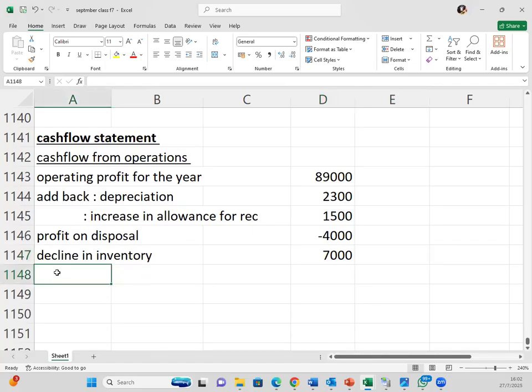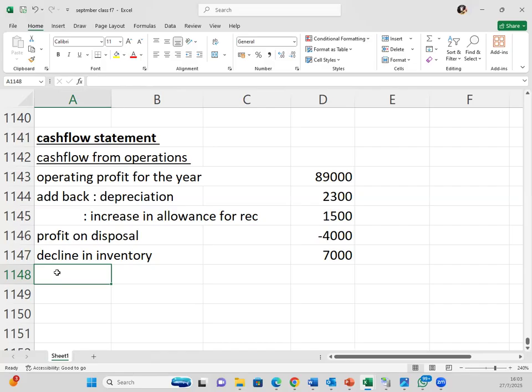Then besides the decline in inventory, the other working capital item is receivables. For receivables, these are the people owing us money. So if we are being owed, let's say 20,000, and now we are being owed 5,000, it means these people have paid.